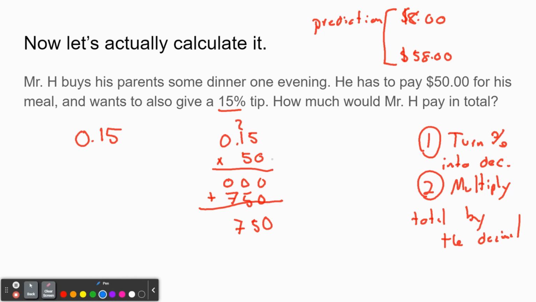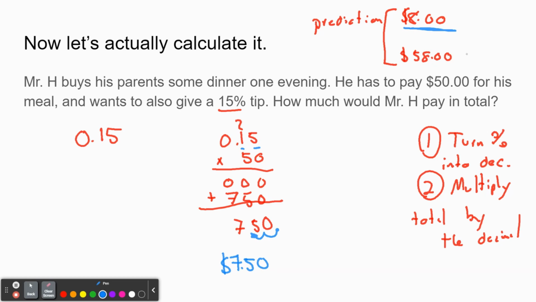Now we have to remember that we had 2 digits after our decimal. So if our decimal is here on the end, we're going to have to move it over twice to there. So we would get $7.50. If we compare that to our prediction, that's pretty darn close.